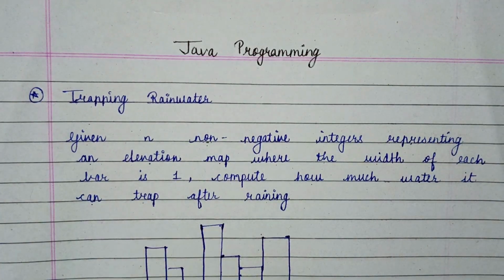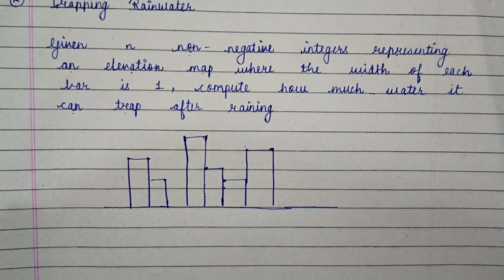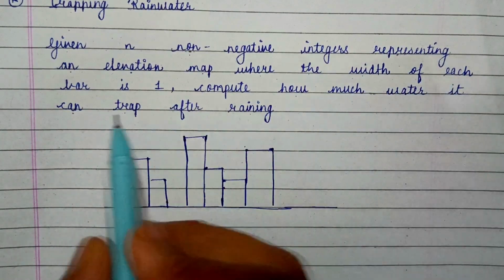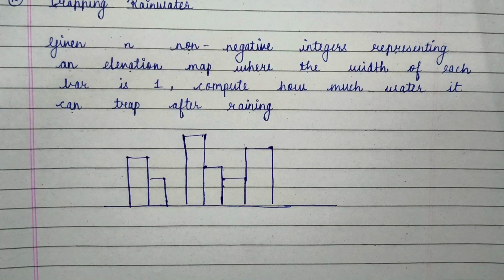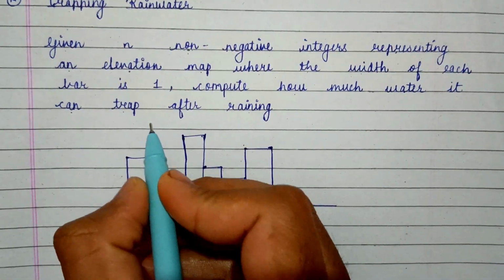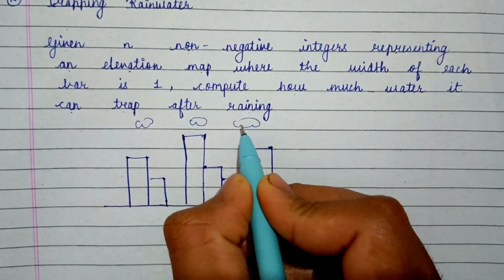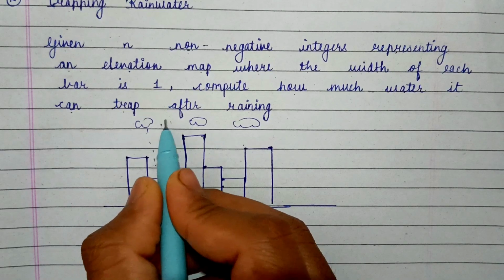Okay, so I have created bars. These are the bars, and the width of each bar is 1. For example, suppose it is raining here.